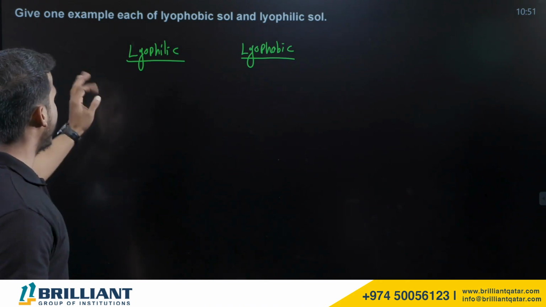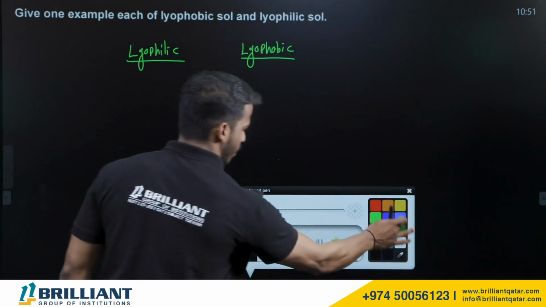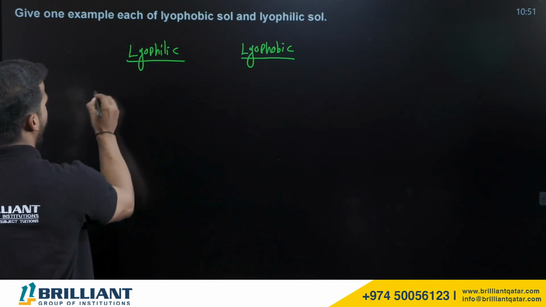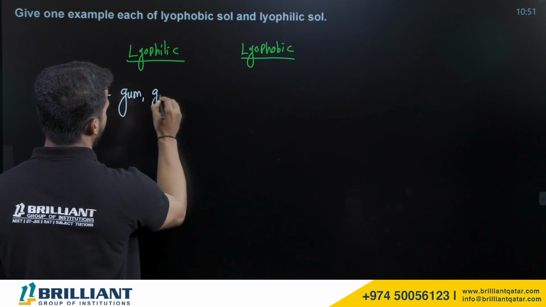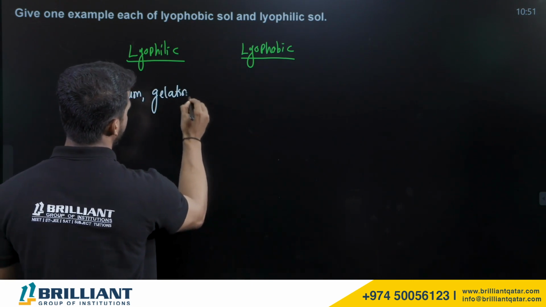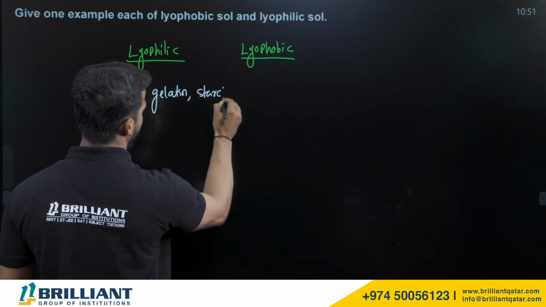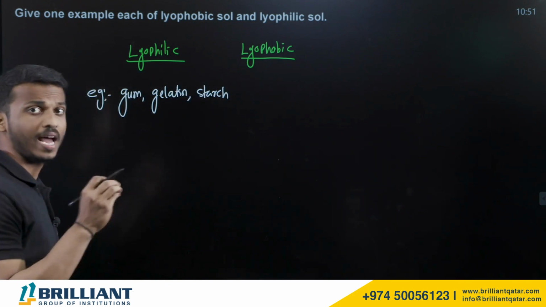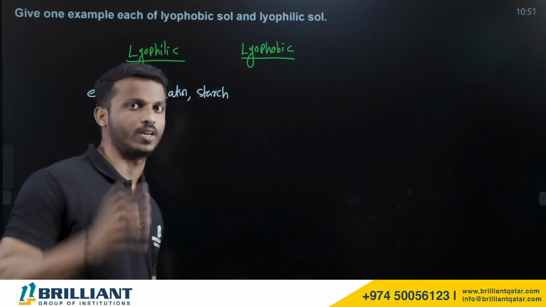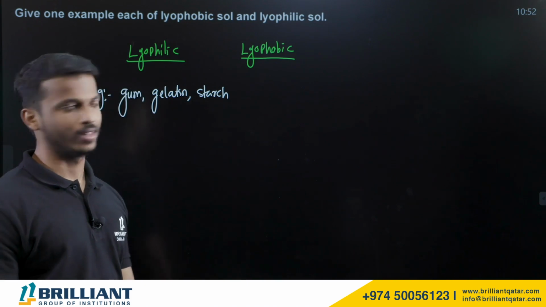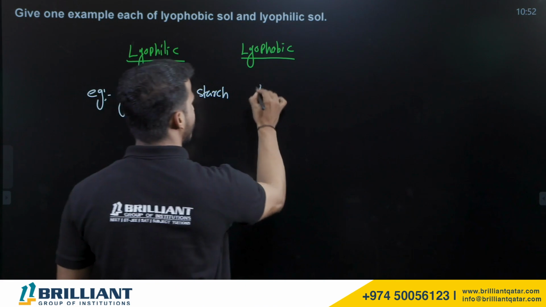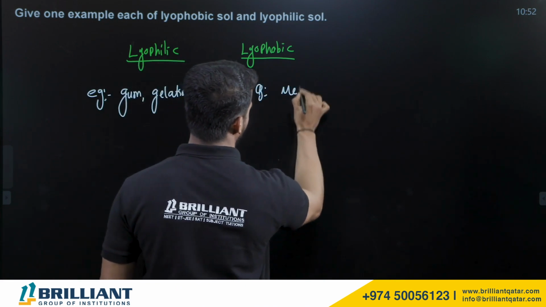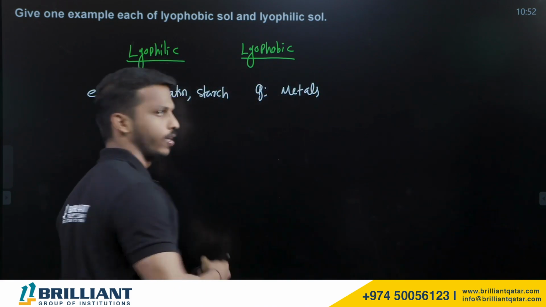Give one example. Dear student, lyophilic examples are gum, gelatin, starch, cellulose. If you add these species into water, immediately they form a colloid. Therefore they are called lyophilic, solvent-loving. Lyophobic examples are especially metals, silver, platinum.